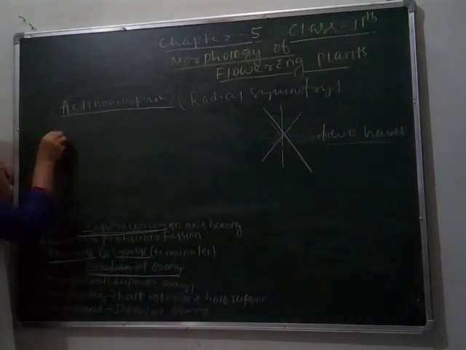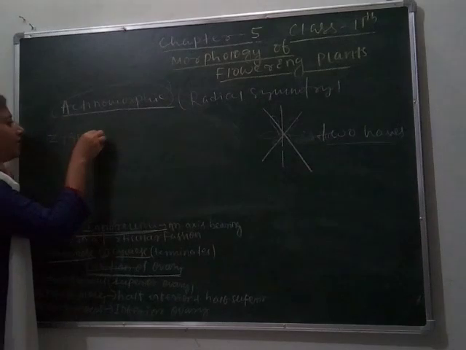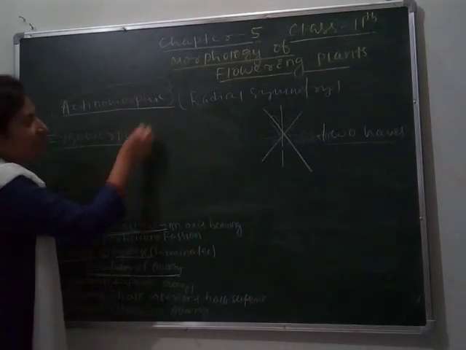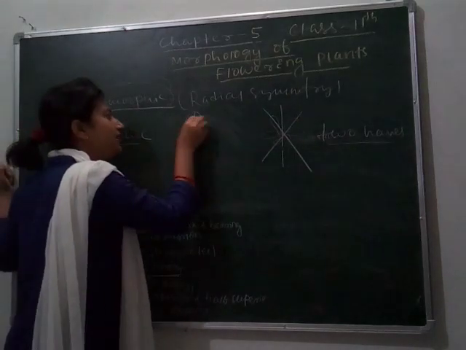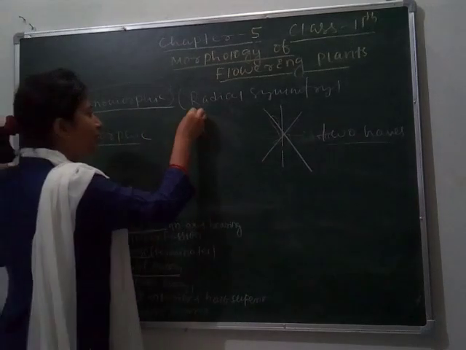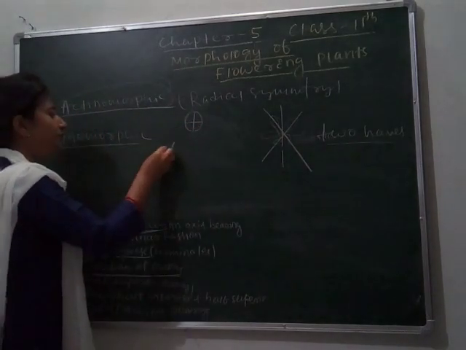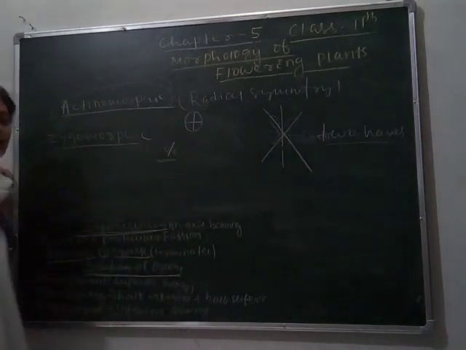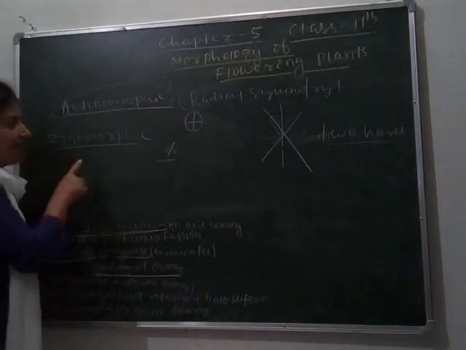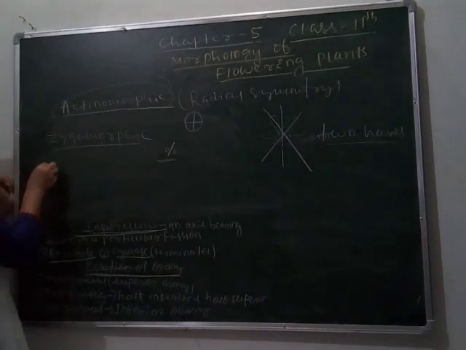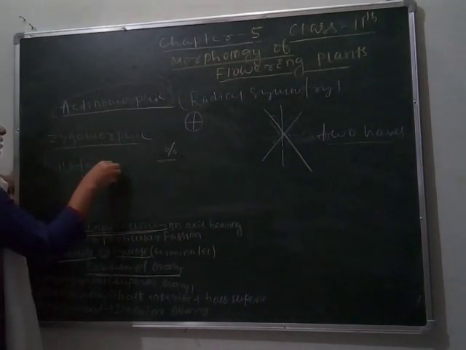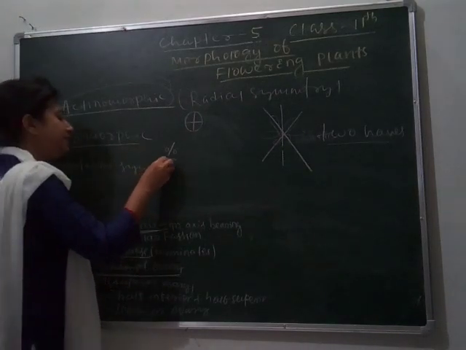Then the next term is zygomorphic. In biological terms, actinomorphic is denoted by this symbol, and zygomorphic is denoted by this sign. Zygomorphic is also called bilateral symmetry. Why bilateral symmetry?